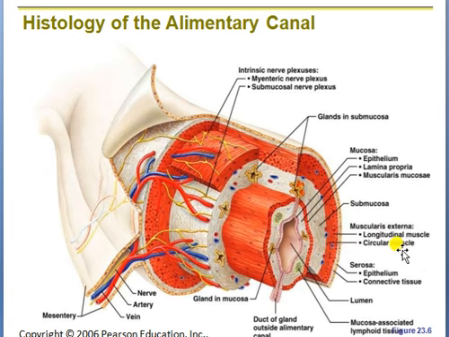Because of the contraction of these muscles, the food moves, and that movement we simply call peristalsis. These are involuntary muscles. Then the serosa consists of epithelium and connective tissue. This is the lumen. These are the glands in the mucosa, the goblet cells we already mentioned. These are the nerves, which are involved throughout the GI tract.